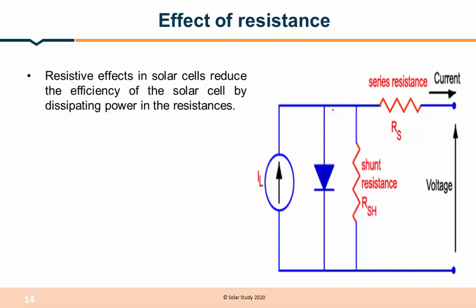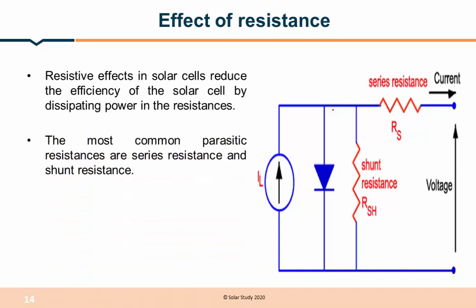Next we will see the effect of series resistance and the effect of parallel resistance. Parallel resistance is nothing but shunt resistance. You will see here. Resistive effects in the solar cell reduce the efficiency of the solar cell because some amount of power is dissipated in it.